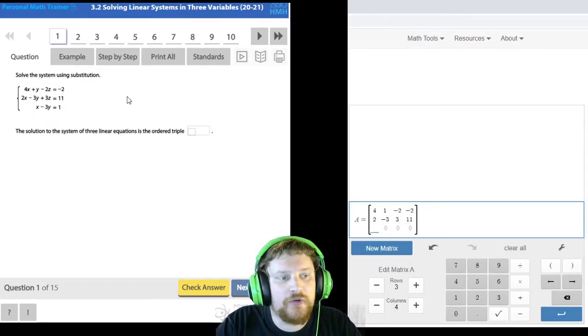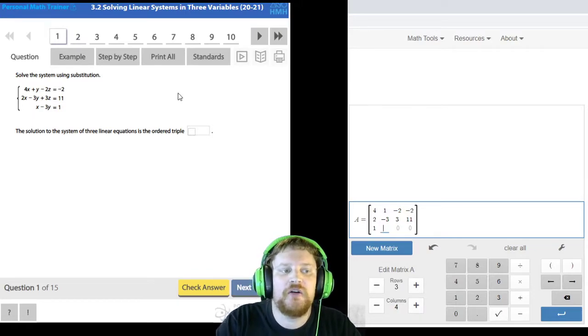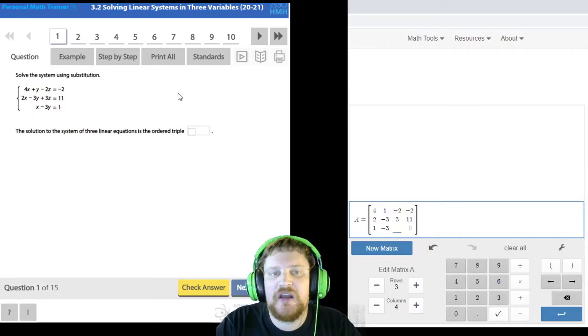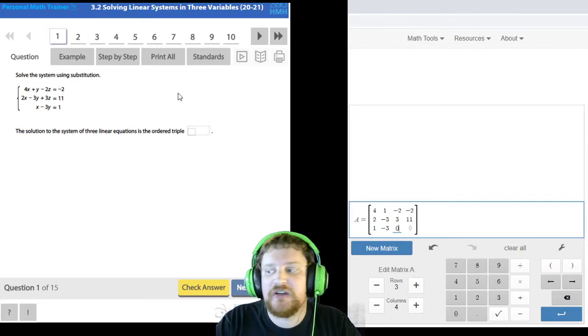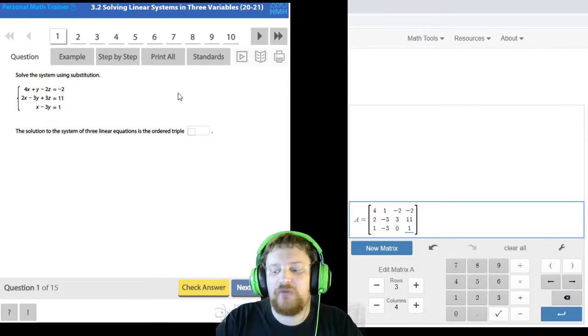Our final row, though, does have something a little different. You'll notice that there is no z. Because there's no z, we're going to have x is 1, y is negative 3, and since there are no z's, we're going to put 0 for z. And on the equal side, we have 1.